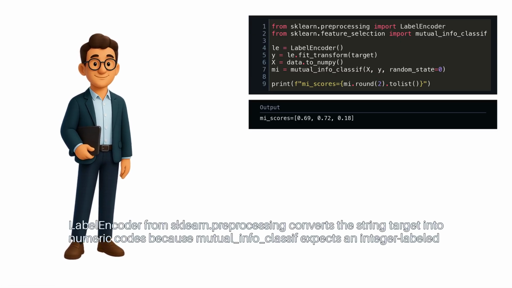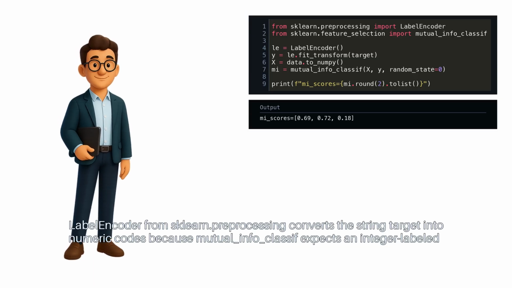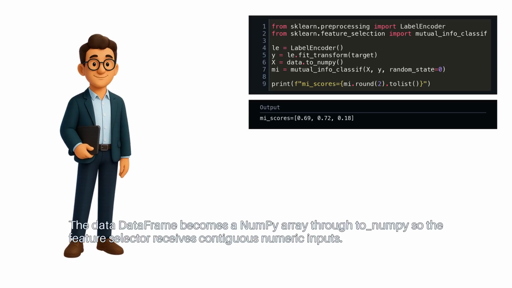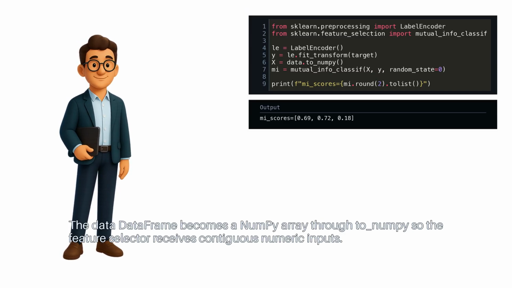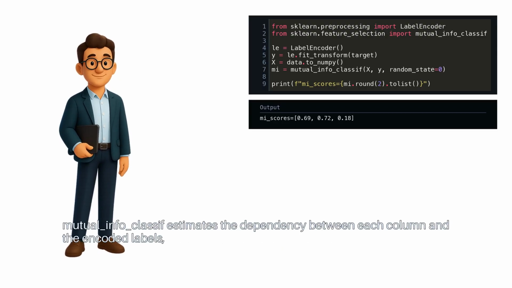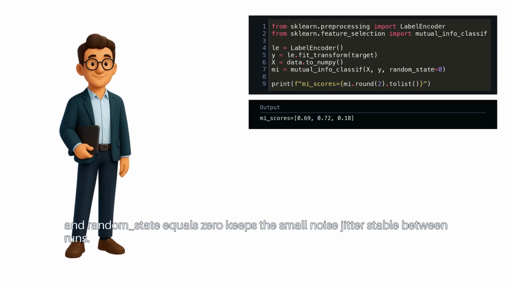LabelEncoder from sklearn.preprocessing converts the string target into numeric codes because mutual_info_classif expects an integer-labeled target array. The DataFrame becomes a NumPy array through to_numpy, so the feature selector receives contiguous numeric inputs. mutual_info_classif estimates the dependency between each column and the encoded labels, and random_state equals 0 keeps the small noise jitter stable between runs.